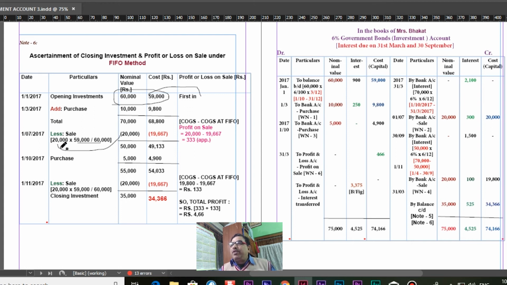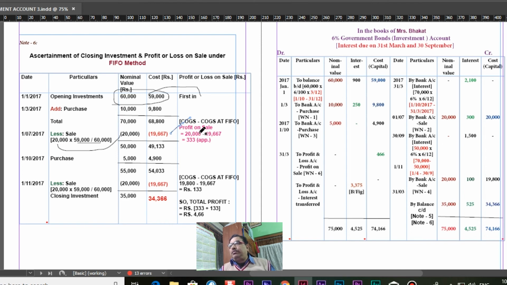Naturally, under FIFO method, first in, first out. Therefore, 20,000 is there because that amount of bonds has been sold out. 20,000 into 59,000. FIFO method, first in, first out. Therefore, 59,000 was the cost. 59,000 divided by 60,000. And we got this amount.